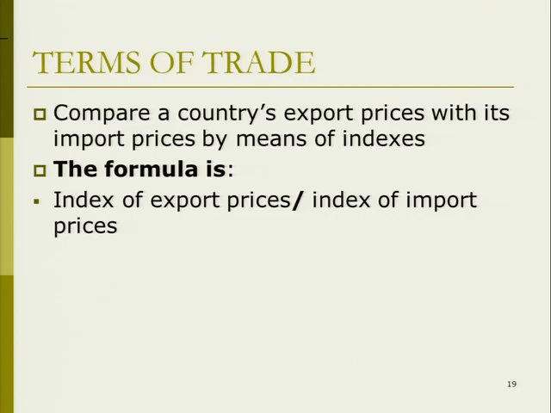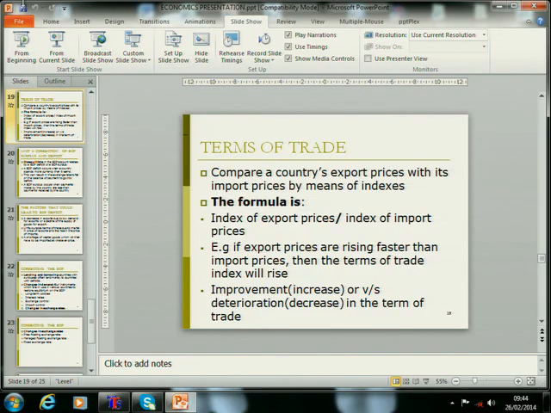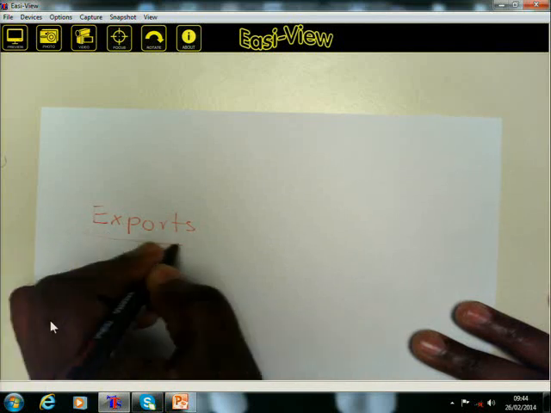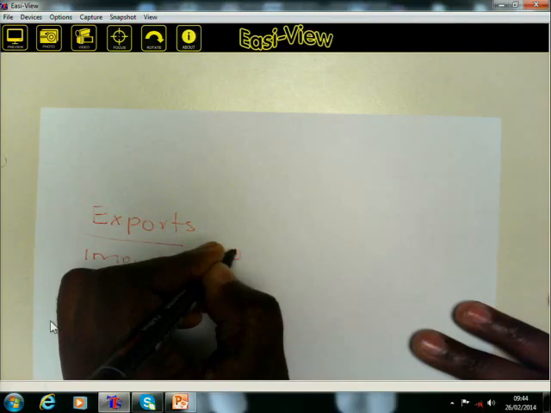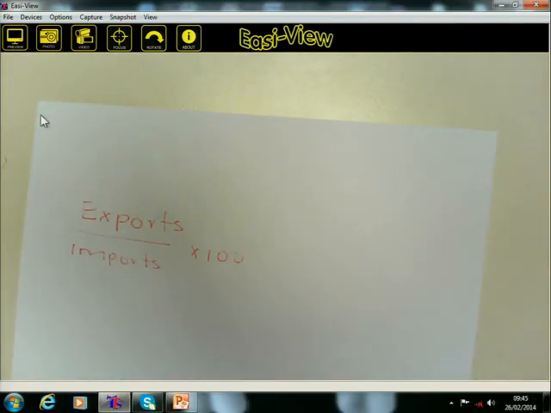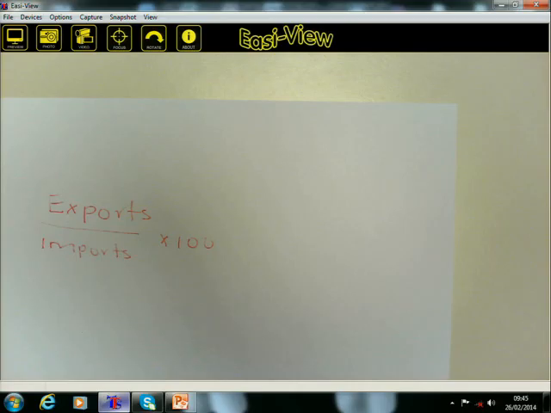The formula that is used to determine the terms of trade is, for example, we look at the export, we divide it by the number of imports and multiply it by 100. That is the formula that we use.